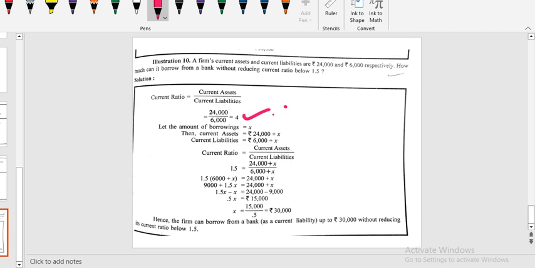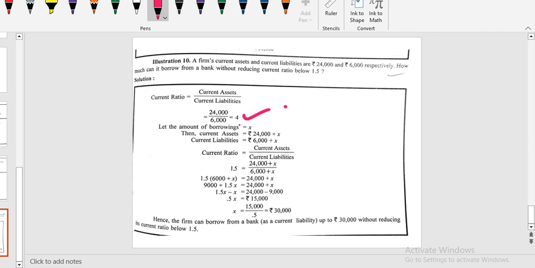If they are going to borrow some money from the bank, after borrowing, their current ratio should not be less than 1.5, because once you have borrowed money, your current liability will increase. Naturally, your current ratio will be affected adversely, because your liability will increase. So after borrowing also, the management is saying that our current ratio should not be less than 1.5.